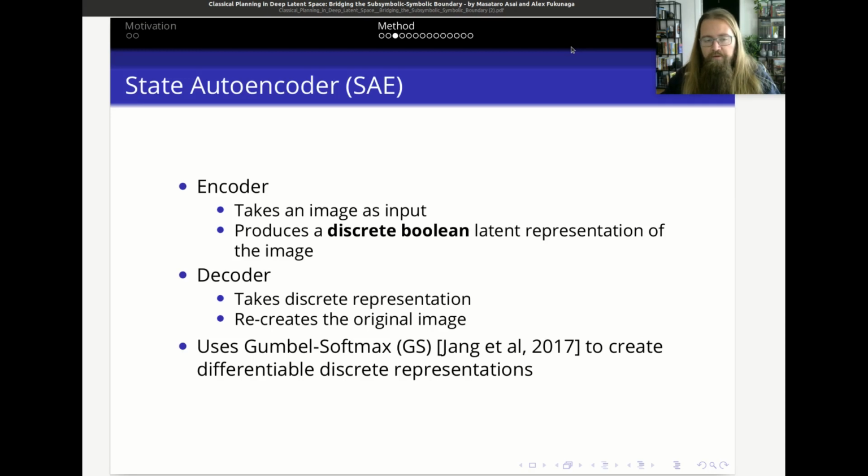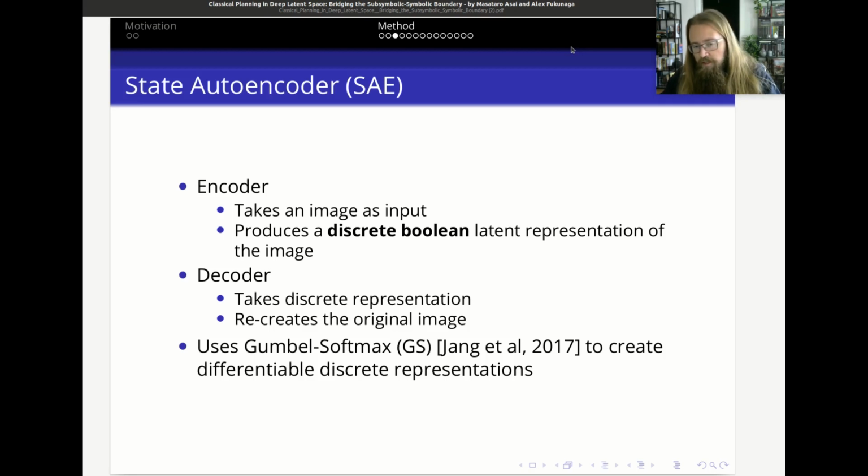If you don't know autoencoders, there's a bunch of good content about these on YouTube. I will link to some videos in the description, but basically it takes an image as the input and it encodes this to some kind of latent space, and then a decoder reproduces the input image.